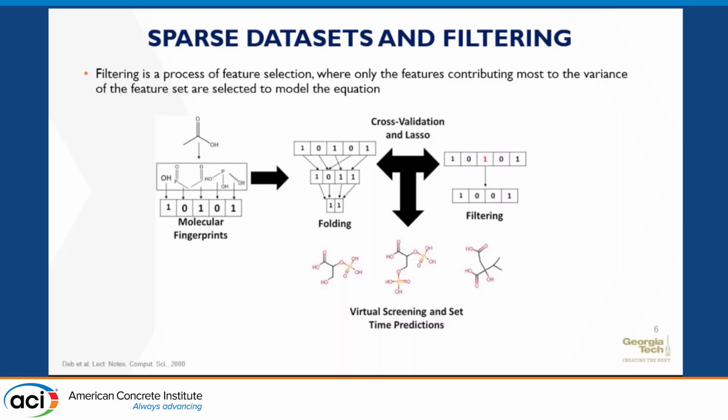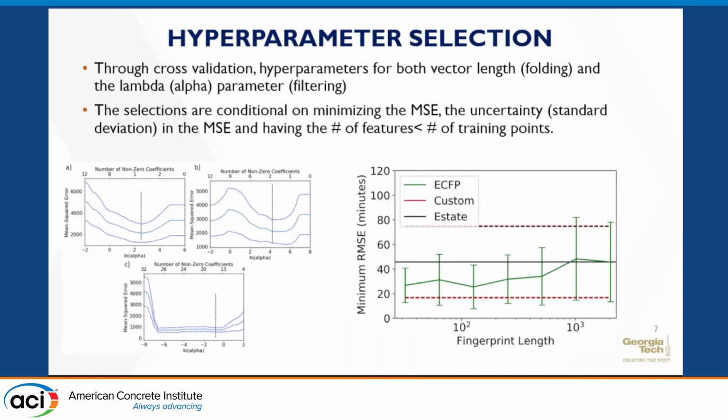Filtering means you pick out the most important features from the molecule. So you decrease the length of the vector representing the molecule, and then you can do virtual screening and set time predictions by implementing certain machine learning or regression techniques.